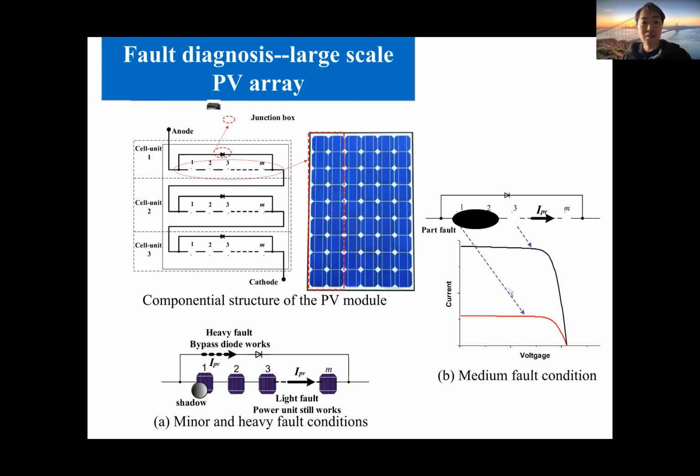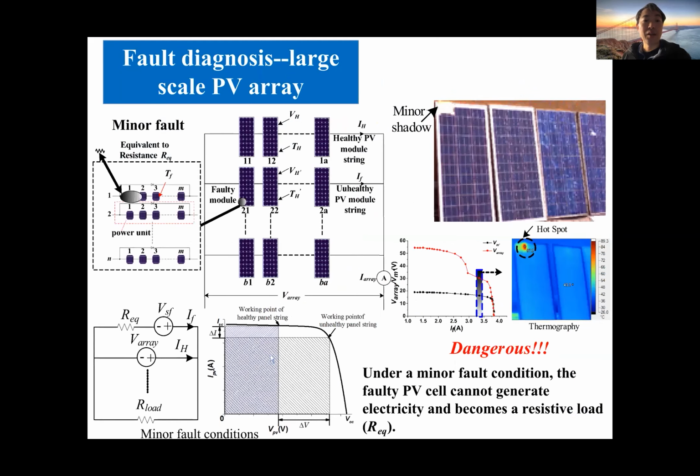Heavy fault means shaded or broken PV cells block the current going through the cells, so the current only goes through the bypass diode. Then there is minor fault, which means the current can still go through other parts of the PV cells.